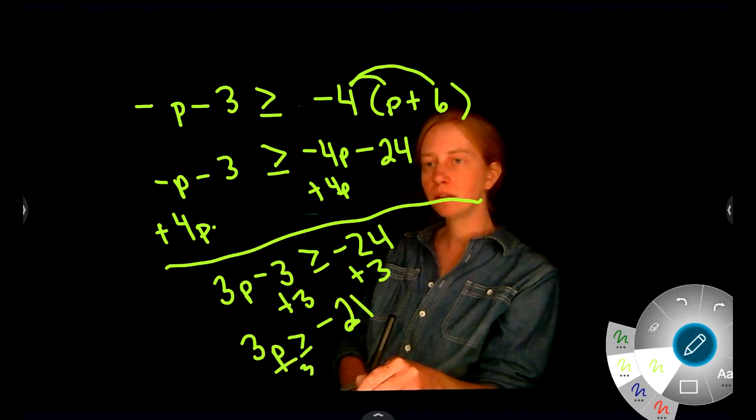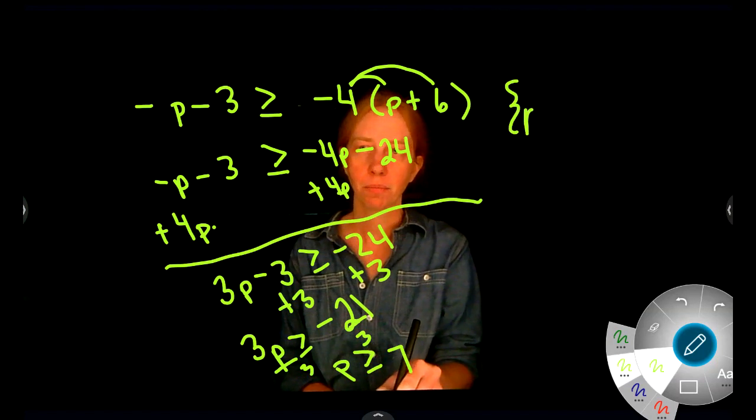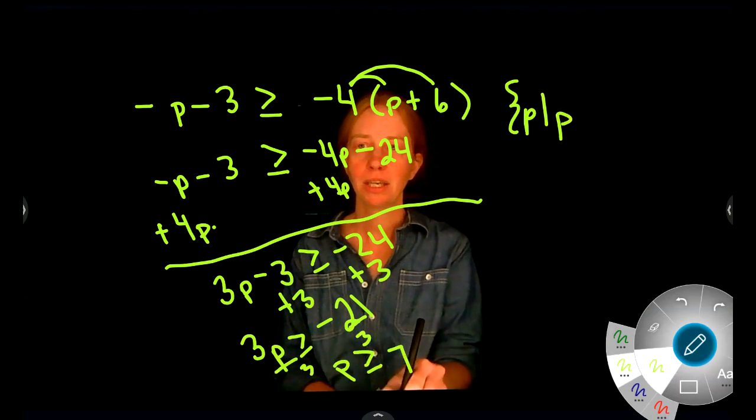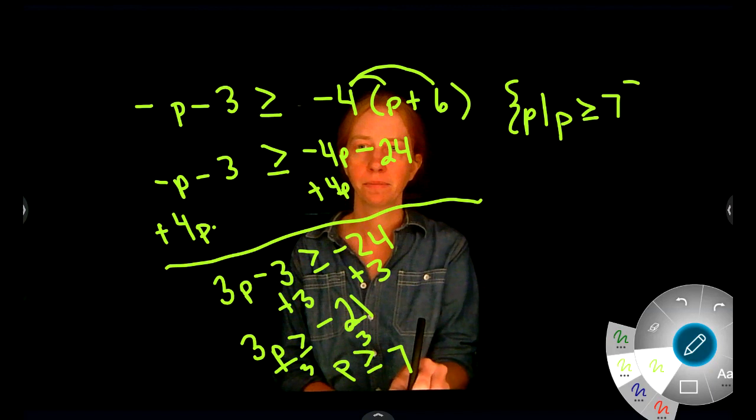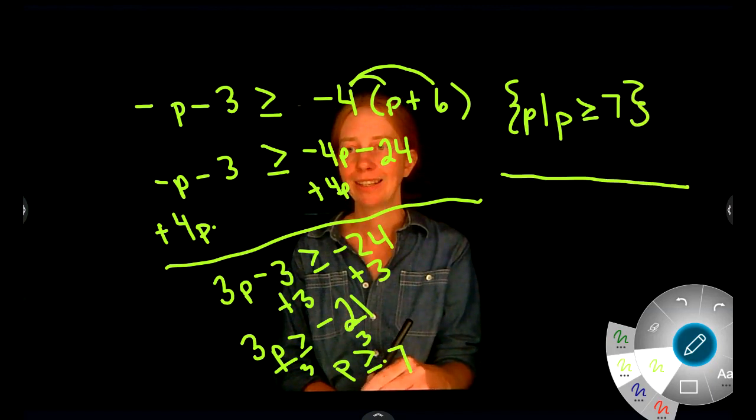Divide by 3, divide by 3. p is greater than or equal to 7. So I could say p such that p is greater than or equal to 7. Okay. Or did I forget my negative? Yes, I did. Negative 7.